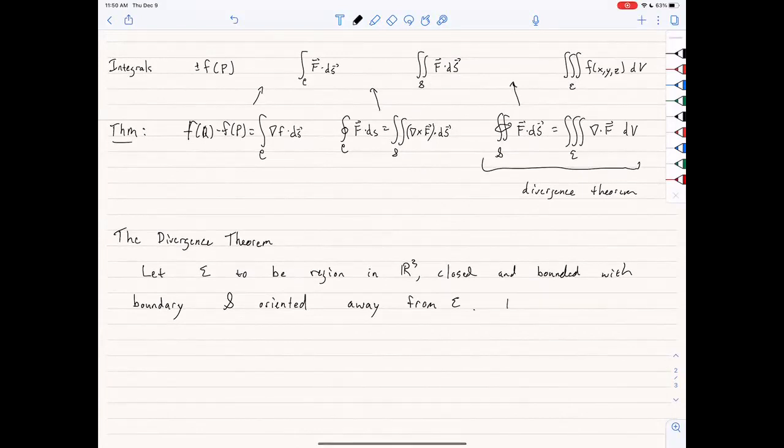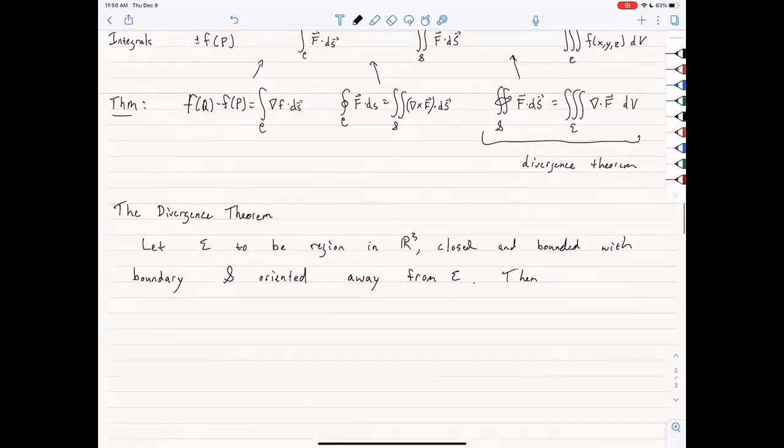And then the statement is just, so we have some extra conditions. We want the boundary not to be too horrible. It should be smooth, or at least smooth except for maybe a dimension 1 part where it has some corners. But okay, I'm going to omit some of those details and just state the result, which is that we get this formula. And of course, here again, I also need to say some words about our vector field F being differentiable.